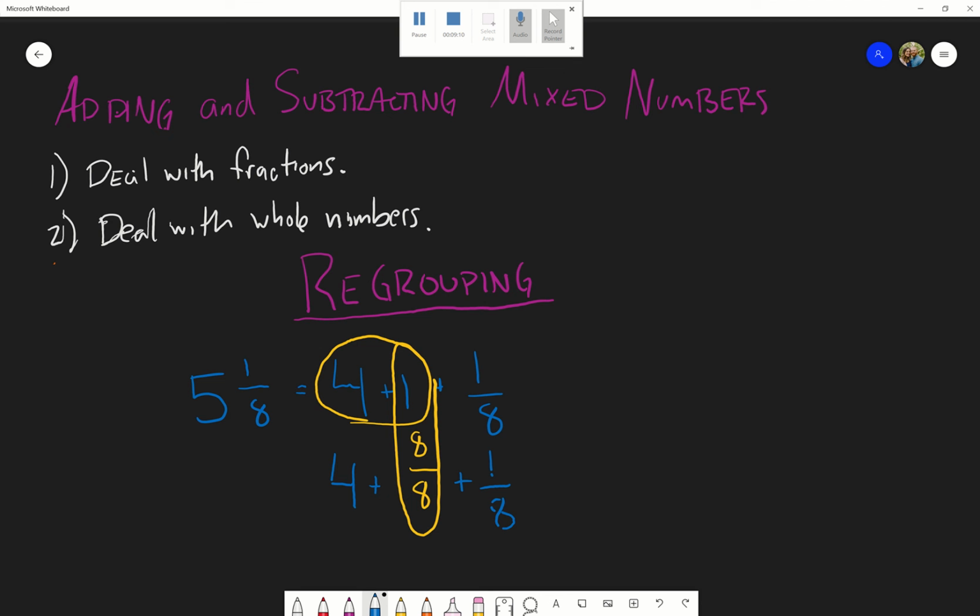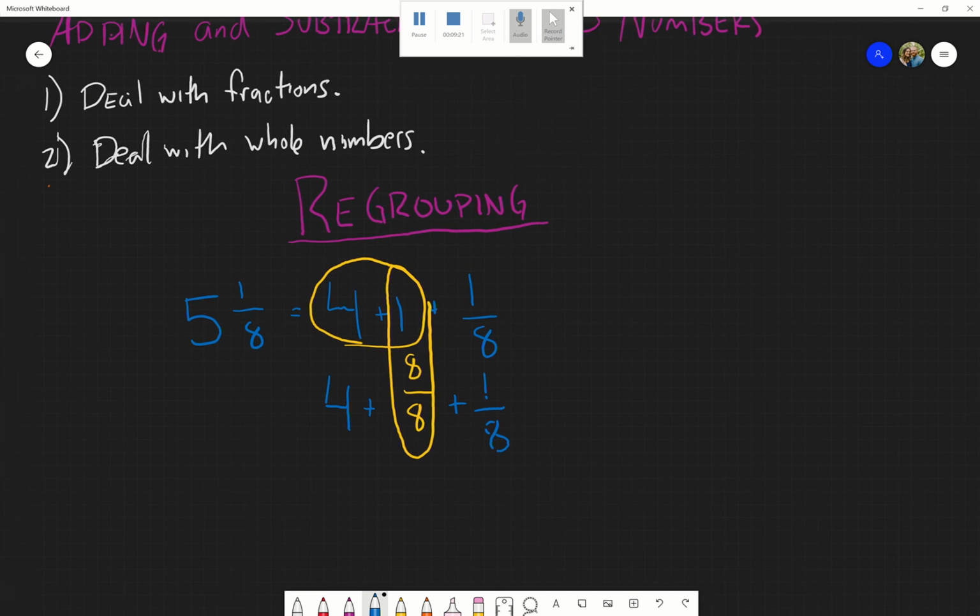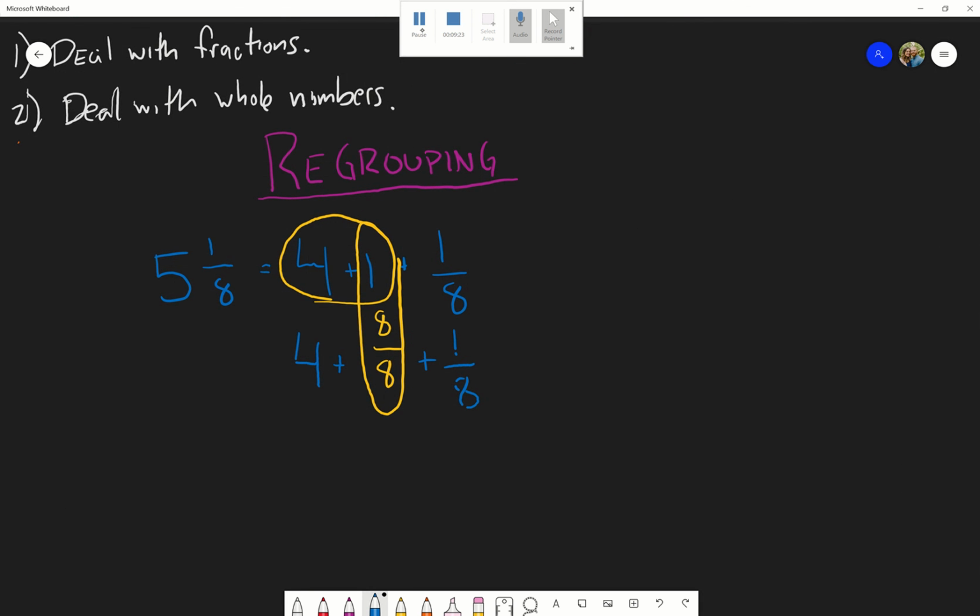So 5 and 1/8 is the same thing as 4 plus 1 plus 1/8. And 4 plus 1 plus 1/8 is the same thing as 4 plus 8/8 plus 1/8, which would give me an answer of 4 and 9/8. And sometimes we might need to have this combination here of mixed number and improper fraction. Sometimes that's the combination we need to have in order for our subtraction to work.